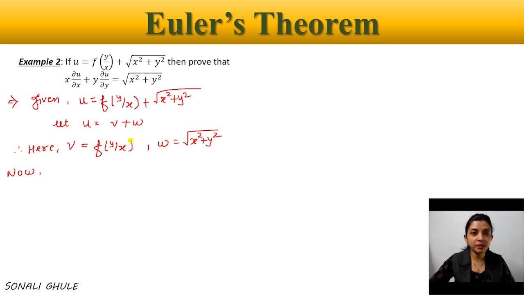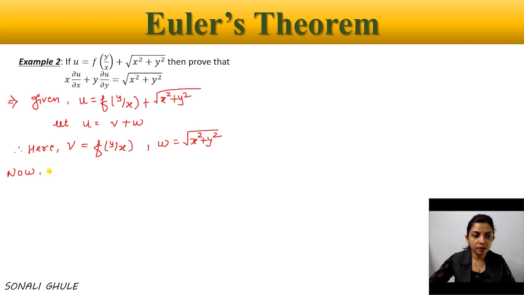So 1 minus 1 is what? 0. Right? If I put x equal to xt and y equal to yt, t gets cancelled. Means there is no term of t. So I can adjust here t raised to 0. So according to that, I can say this v is a function which is homogeneous of degree n equal to 0. Okay, I hope you all understood.